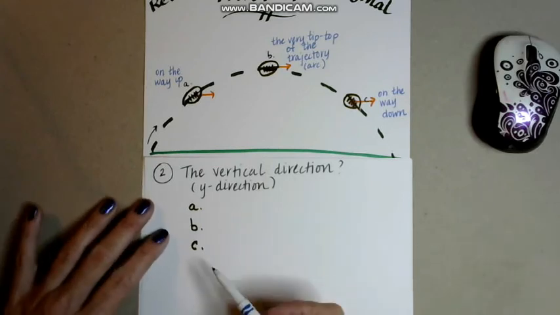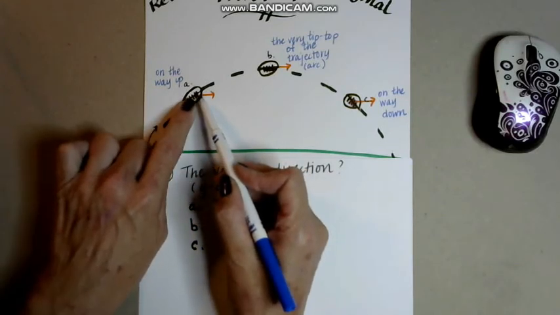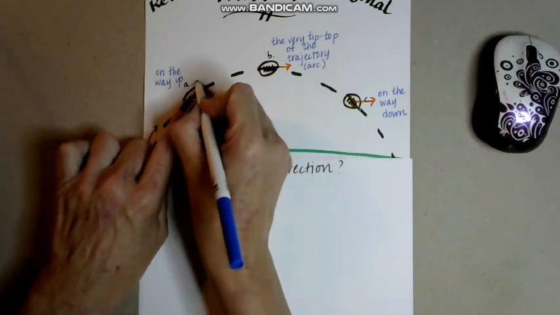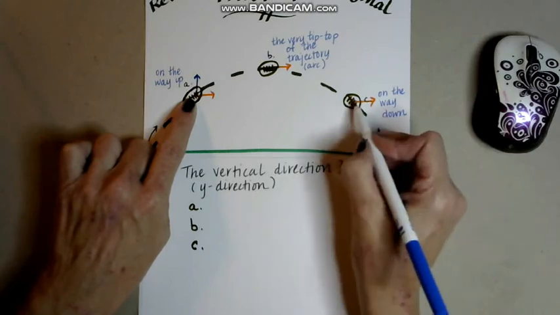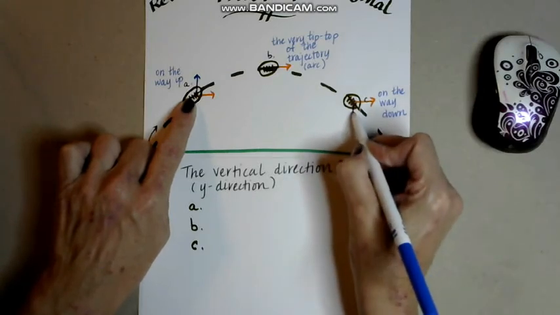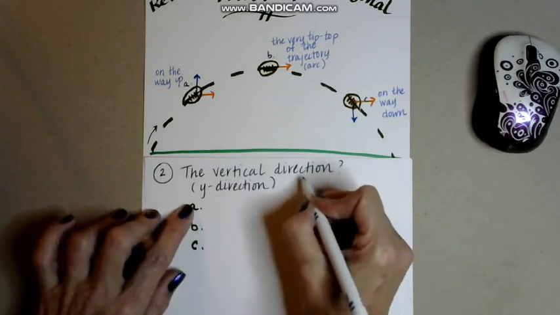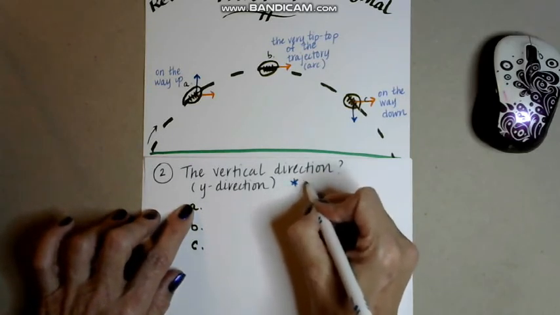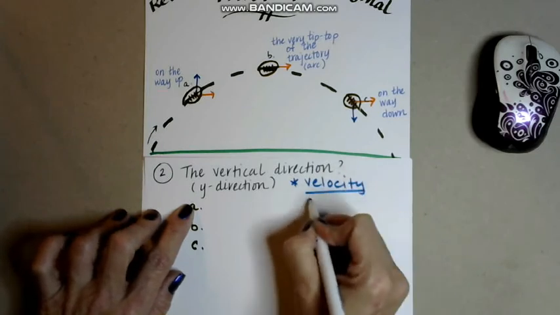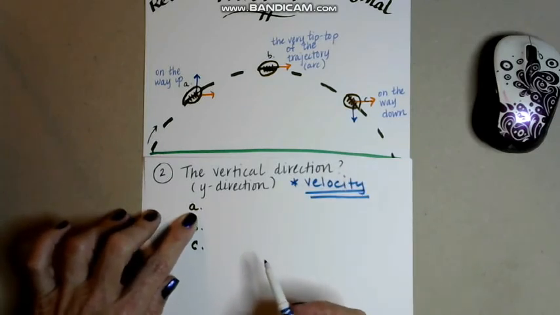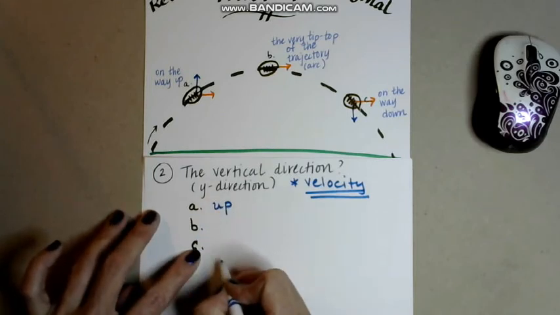Right here, your football is on the way up, and at C, we know it's on the way down. So the vertical direction of the velocity, it's up at point A, and at C, it's down.